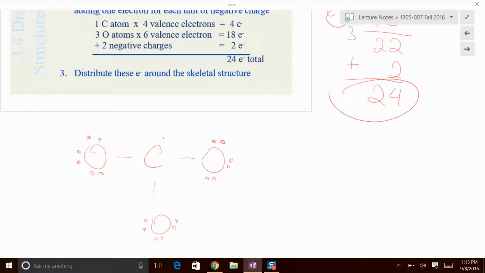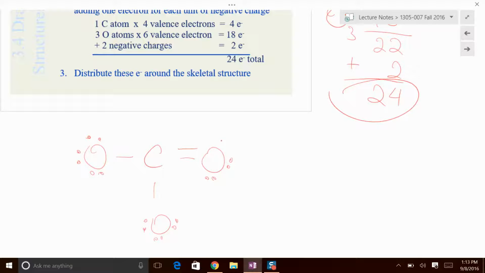You have to maintain the rule of 8 and have 8 electrons on everything, and have the correct number of electrons. Okay? So I need to make the bond. Make sure I'm following the rule of 8. So instead of having separate pairs, I share them into one pair.